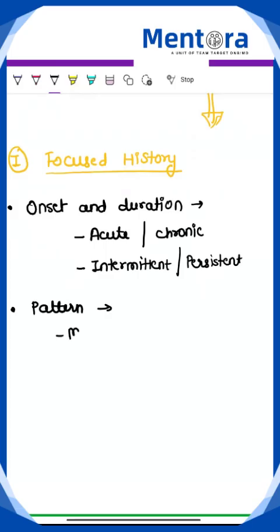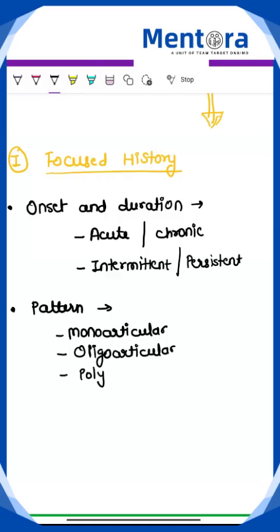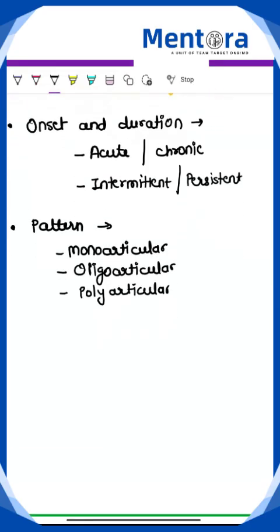If it is affecting only one joint, monoarticular. If it is oligoarticular. Or if it is polyarticular. Take the history of number of involvement of the joint.